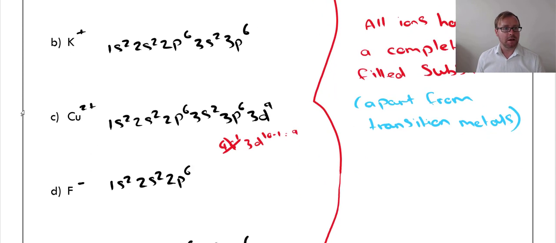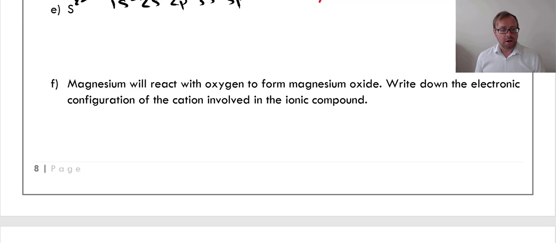Right, so another question, and then we've got some more questions for you coming up. Magnesium will react with oxygen to form magnesium oxide. Write down the electronic configuration of the cation involved in the ionic compound. I'll give you a couple of minutes to think about it and work out the answer.